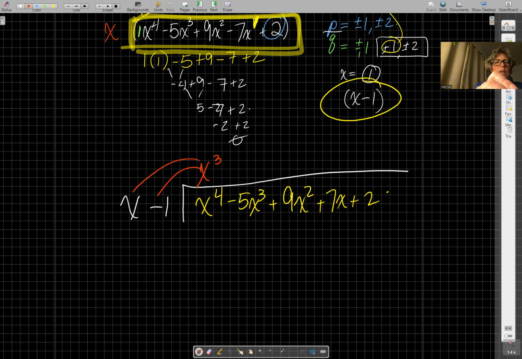Imagine kind of like a foiling thing going on here. So I'm going to have x to the 4th minus 1x to the 3rd. Okay, that cancels. And I'm going to end up here with negative 6x to the 3rd.